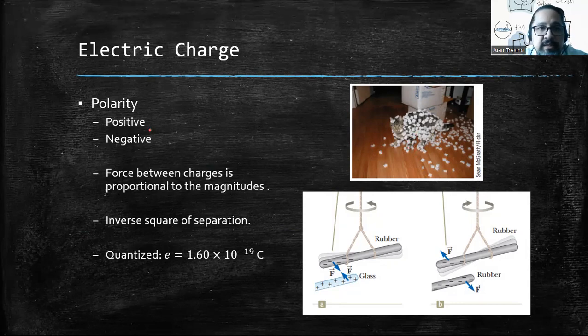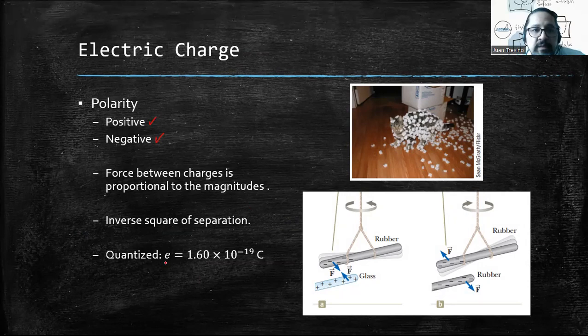We've seen that electric charges are divided into positive and negative charges, so this is what we call the polarity. And we know that the force between electric charges is proportional to the magnitudes of the charges, and they obey an inverse square law, which means that they are proportional to the inverse of the square of the separation between them.